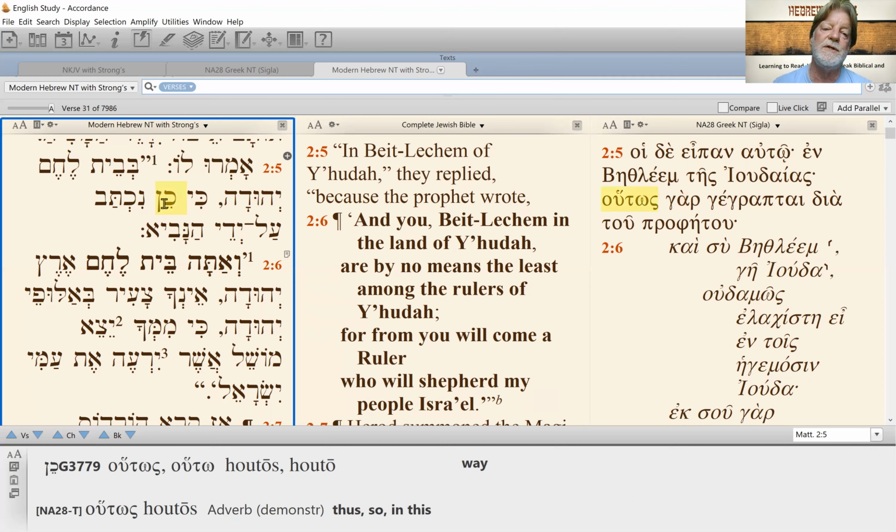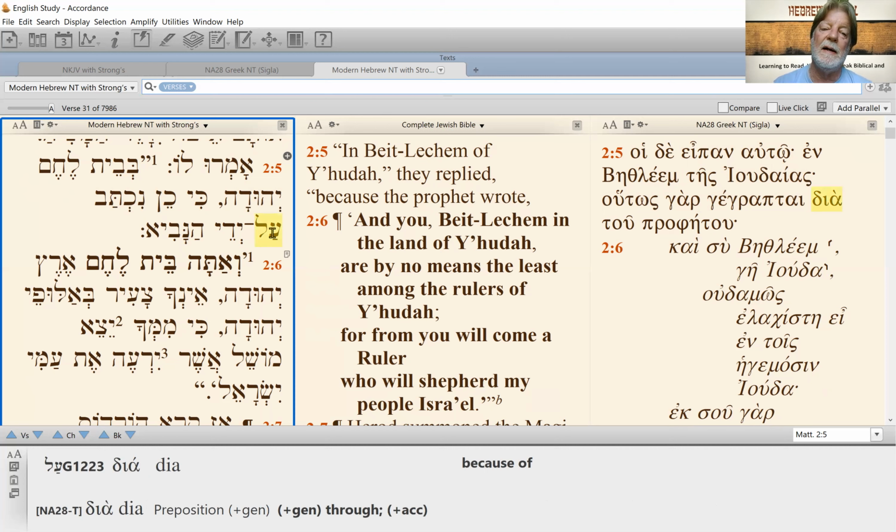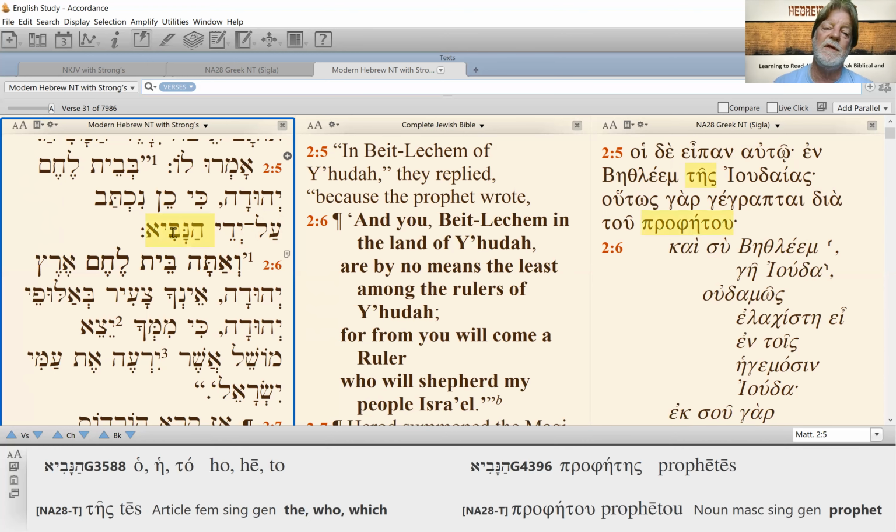Ki, because, can, yes, or it was established. Niktav, because it was established in being written. Katav is to write. Al yedei, by or upon the hands of, yedei hanaviim.